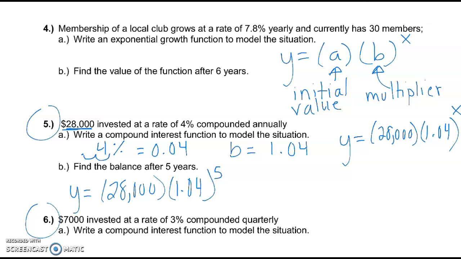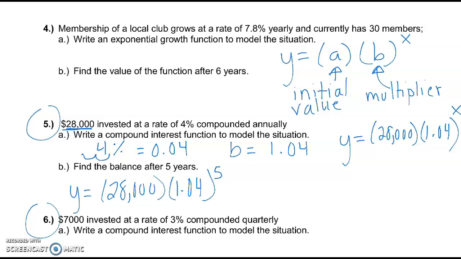Now I'm going to put this in my calculator. Remember your order of operations: we need to do exponents before we do multiplication. So the first thing I'm going to do is take 1.04 and raise it to the 5th power. Then I take that answer and multiply it by my $28,000.